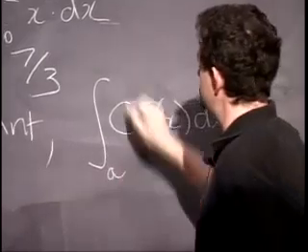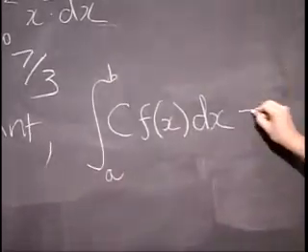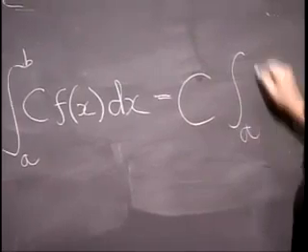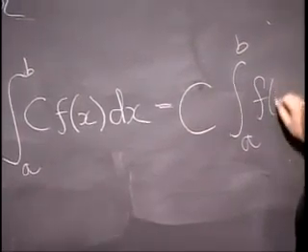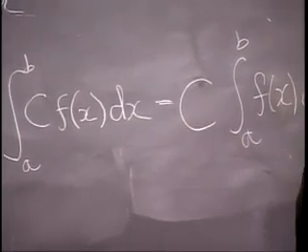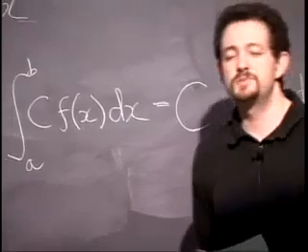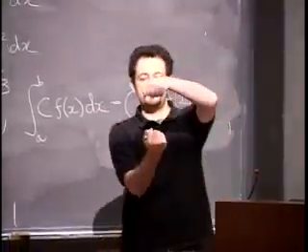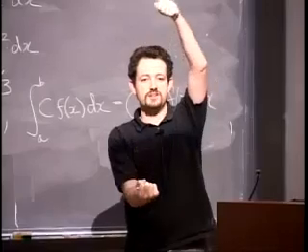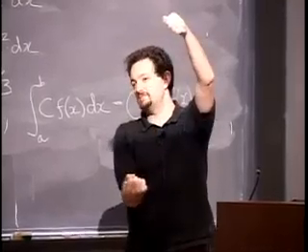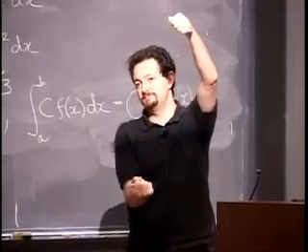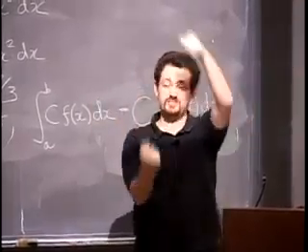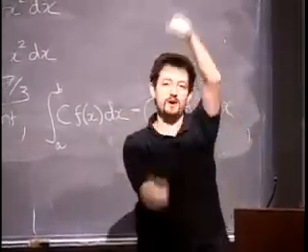So a constant multiple of a function, the constant is allowed to magically pass through the integral. Geometrically, suppose C is 2. Then 2f of x is just stretching the function by 2, so the area goes up by a factor of 2. Of course, if you stretched it in both directions, it would actually be 4, but this is only a stretch in the y direction.